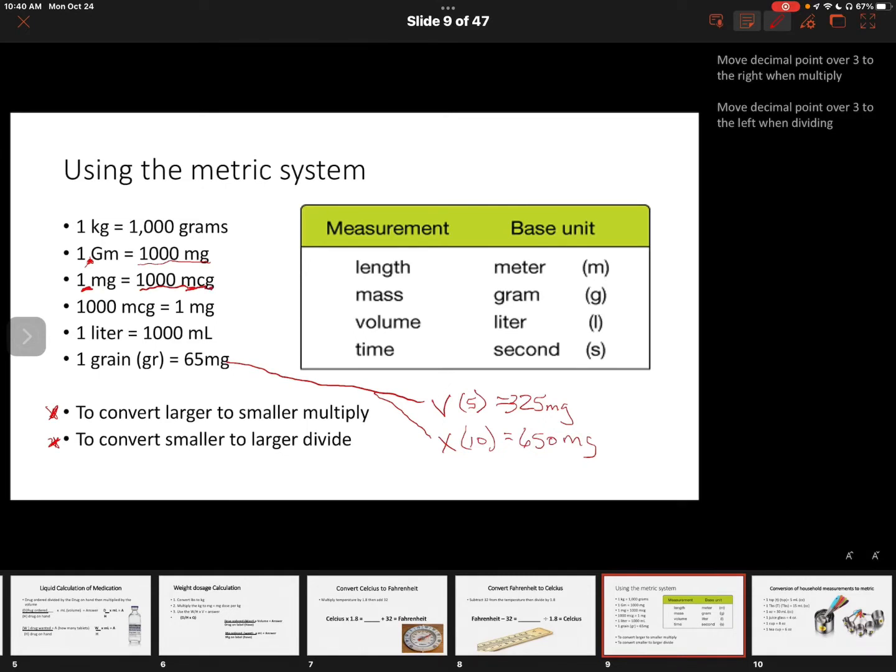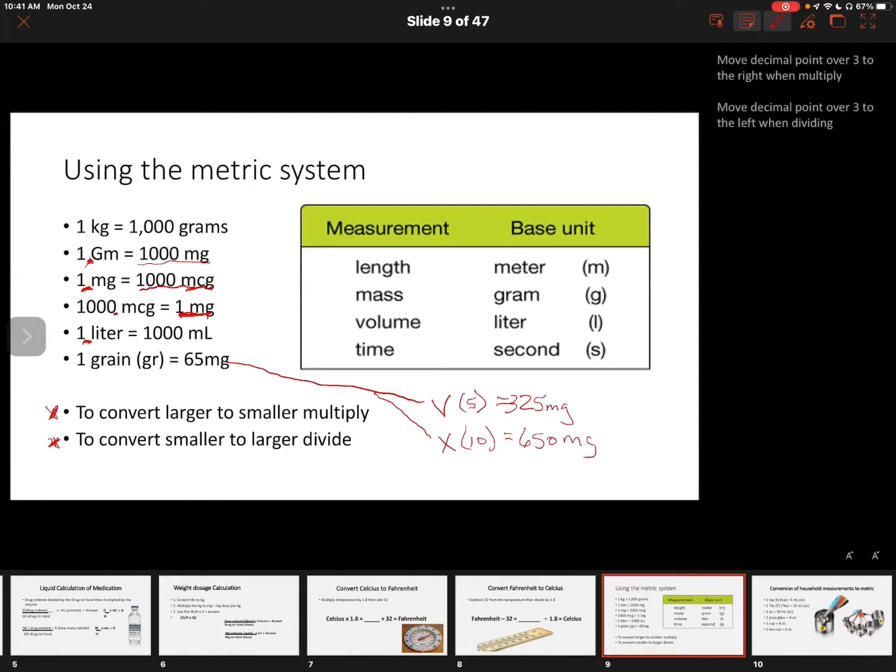Here, we're converting small to large. So you're taking the 1,000 micrograms, you're dividing it by 1,000, and you're coming up with 1 milligram. 1 liter: we're taking 1 liter and converting it to milliliters.